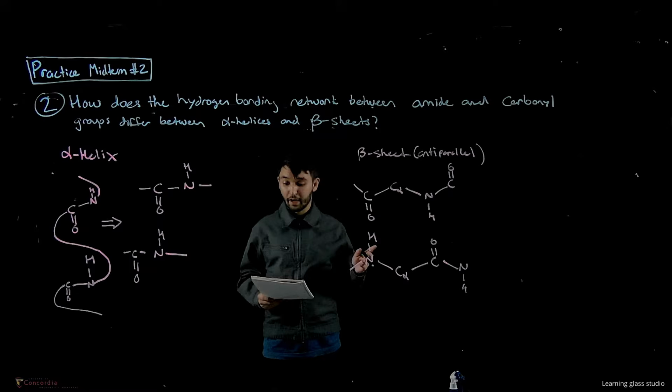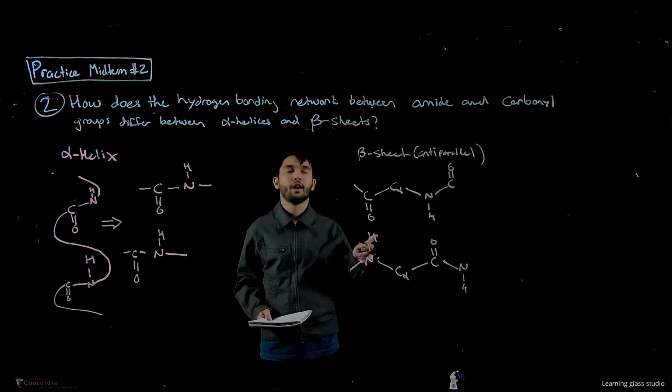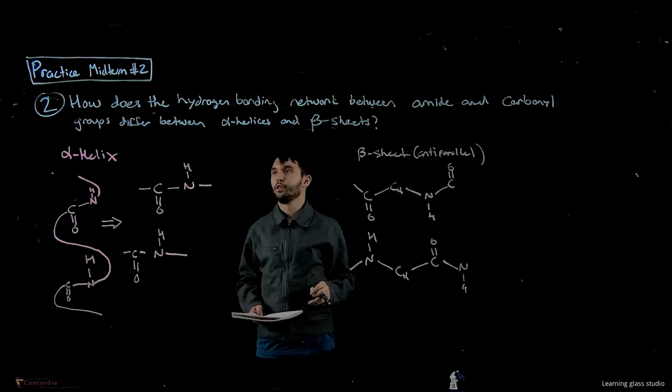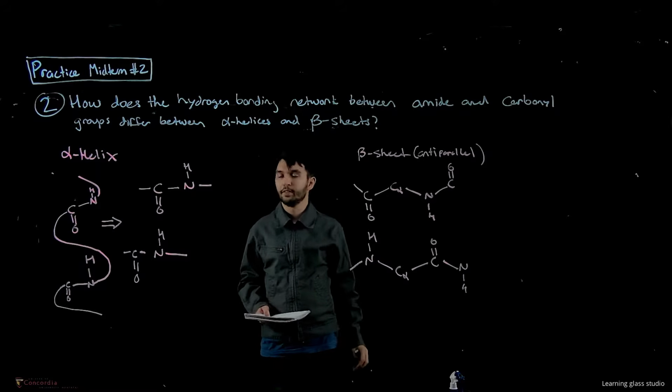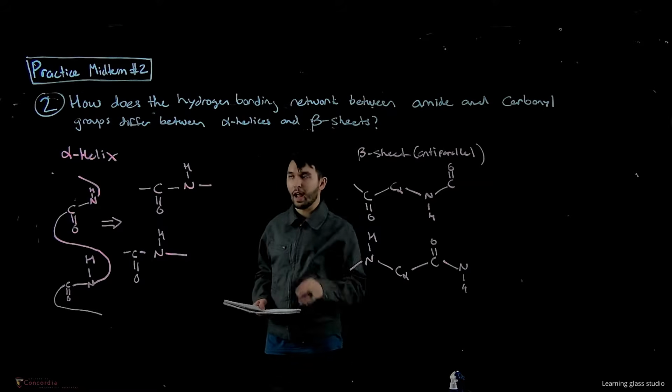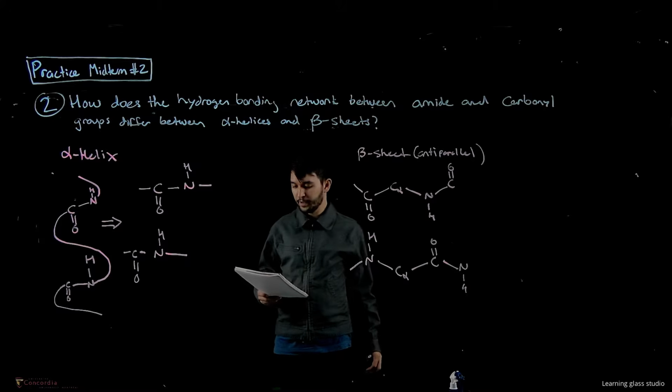All right, the next question. How does the hydrogen bonding network between amide and carbonyl groups differ between alpha helices and beta sheets? Let's first look at how hydrogen bonding works within the alpha helix.